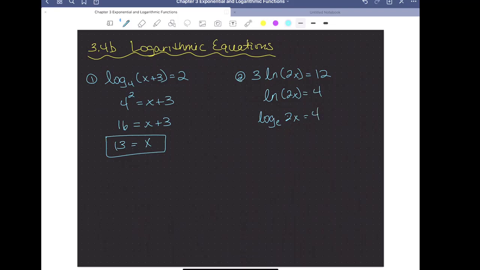And then now I can work on turning it into a nice little exponential. Right? My base is e. My exponent is 4. And that's going to equal 2x.